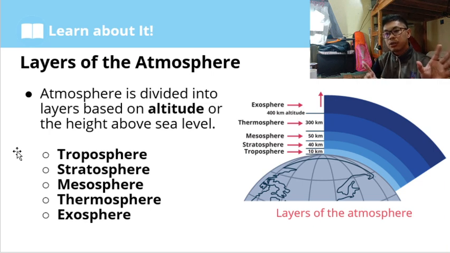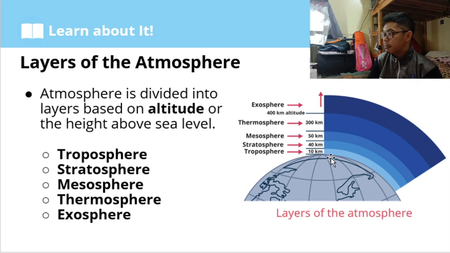So when you try to climb a mountain, the top of the mountain has a certain altitude. It's actually above sea level. So how many feet, how many meters, or how many kilometers, that's actually what is meant by altitude.